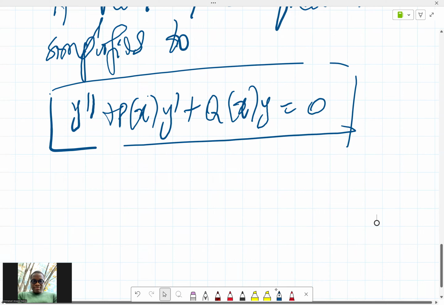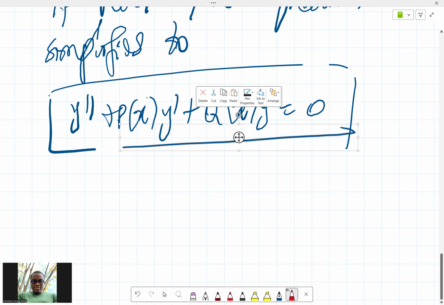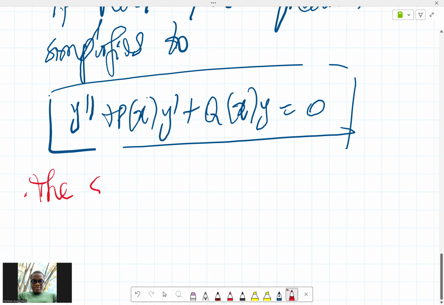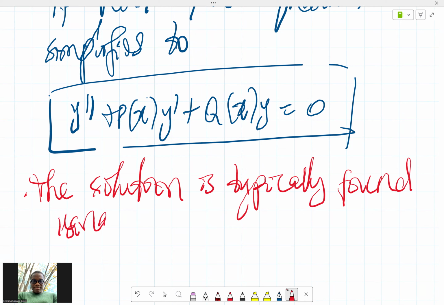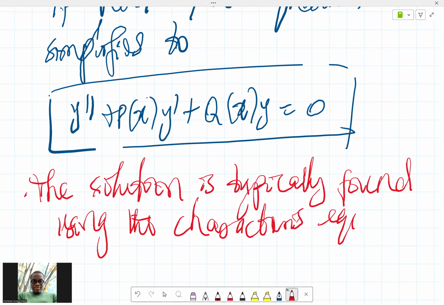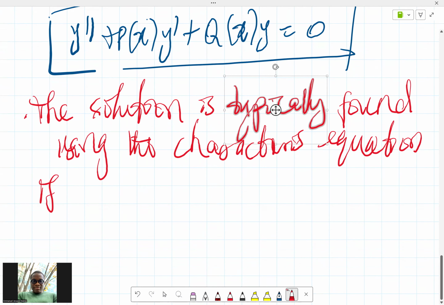And then we can say that the solution is typically found using the characteristic equation if the coefficients are constant.